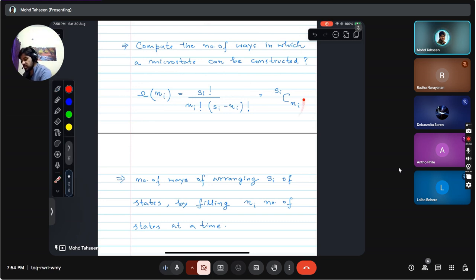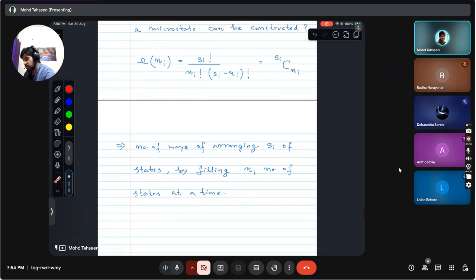That's what this means, because nCr means what? Number of ways of arranging n particles by taking r at a time. Now this number of states in our case, this is Si, so this will correspond to the total number of states available at a particular energy level, and we are filling those available states by taking Ni number of particles, right?